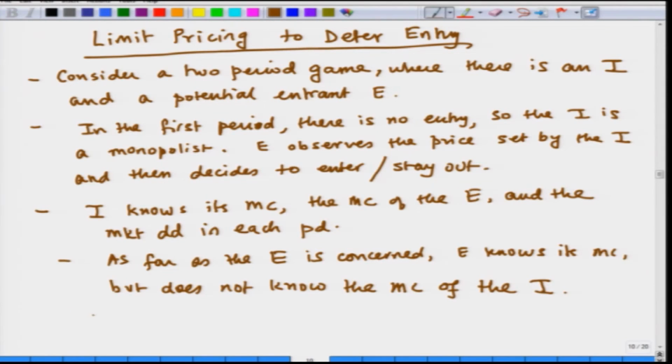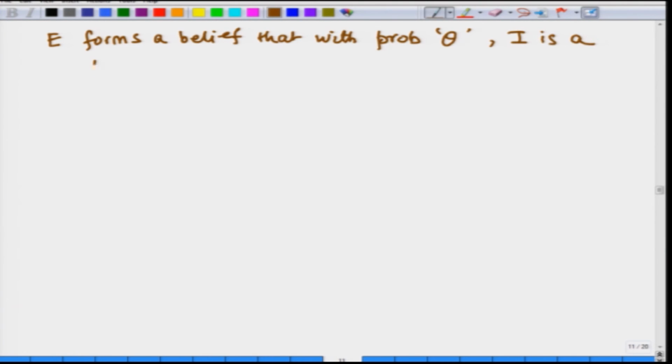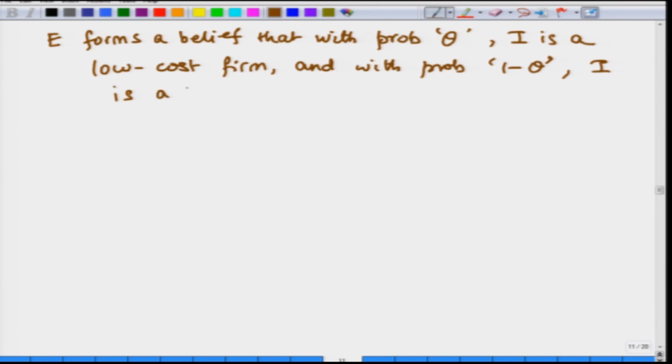So, he forms a belief that with probability, let us call it theta, I is a low cost firm, and with probability 1 minus theta, I is a high cost firm.